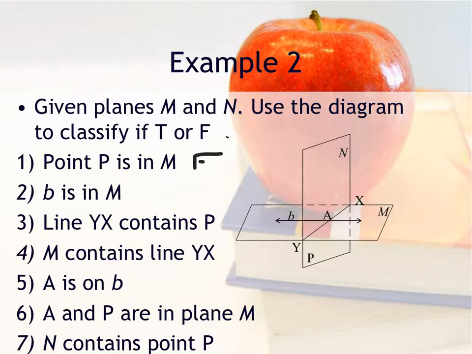True. Good. Line YX contains P. Does that line have P on it? False. P's way down here at the bottom, and here's my line YX up here. So it's not on there.